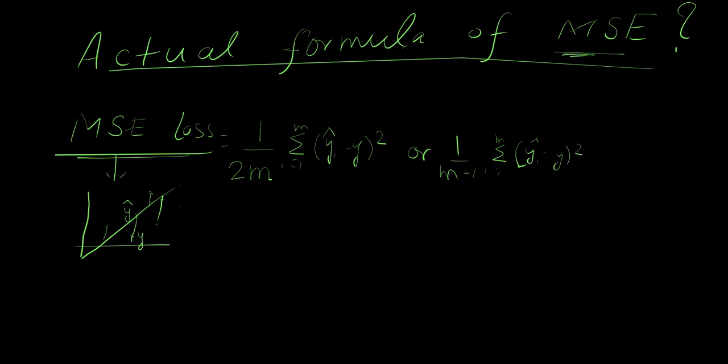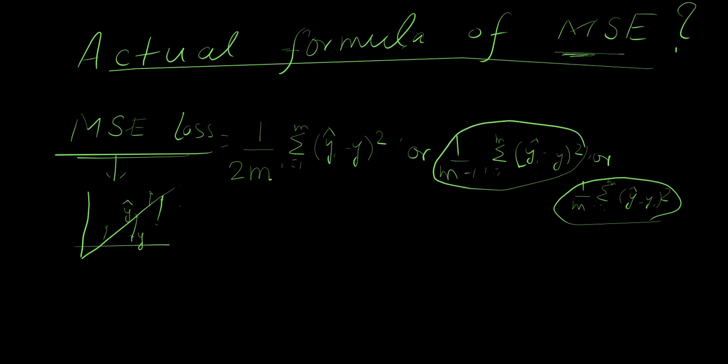Or somewhere you might have seen: 1 by m summation over all the training data instances 1 to n of (y hat minus y) whole square. This is the most popular one that most of you might have seen.